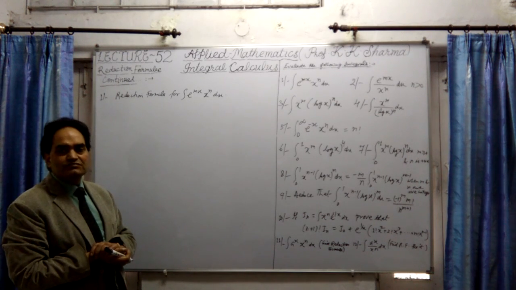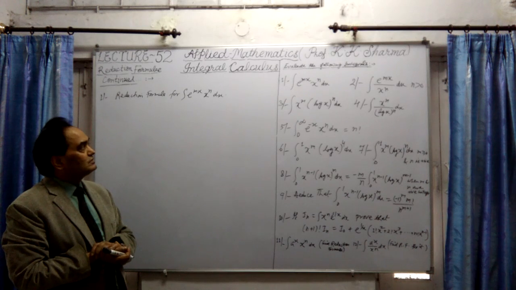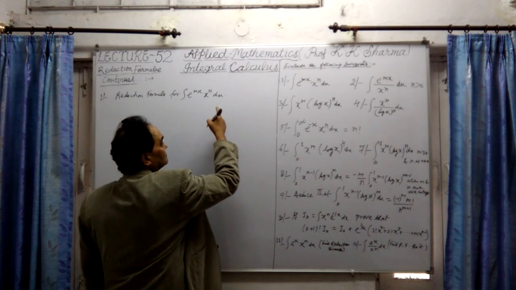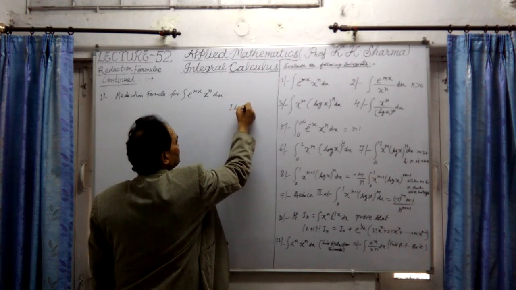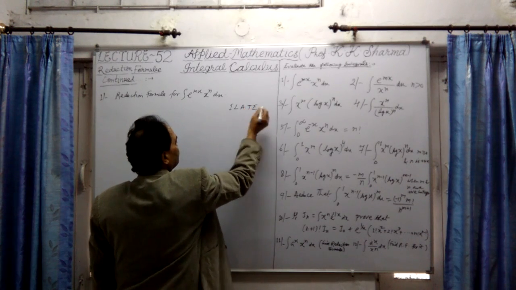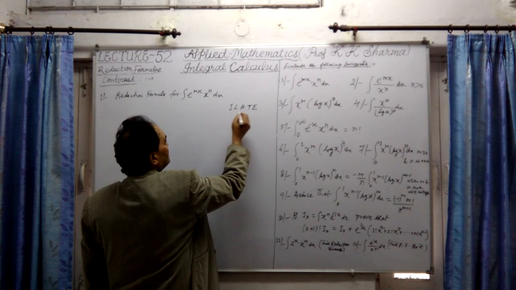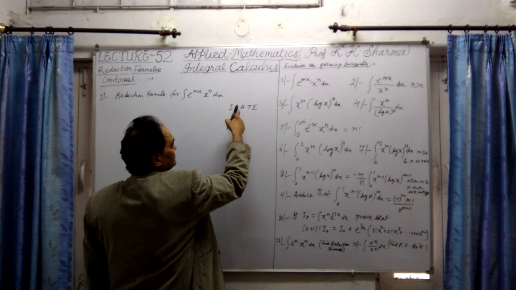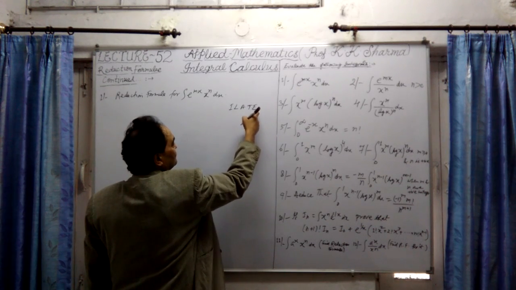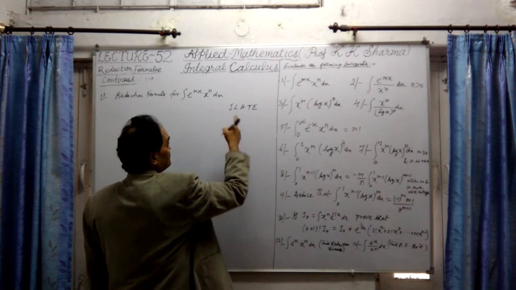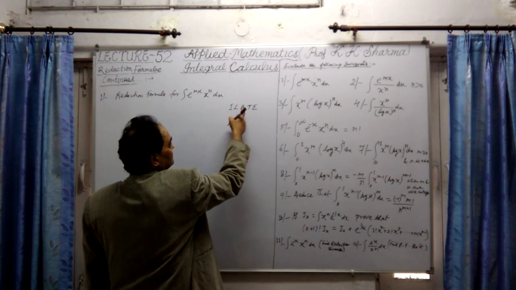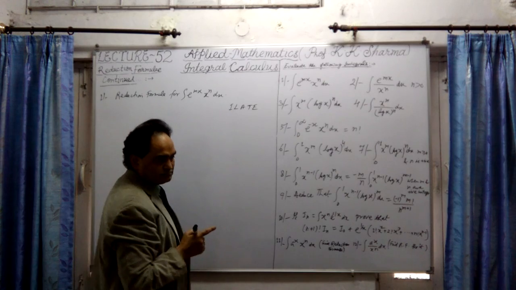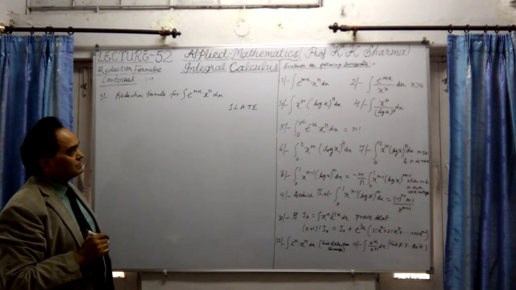The ILATE formula is very important to choose the first function and second function: inverse function, logarithmic function, algebraic function, trigonometric function, exponential function. So here we have an algebraic function and an exponential function. The algebraic function is the first function, and the exponential function is the second function here. We have to consider this.